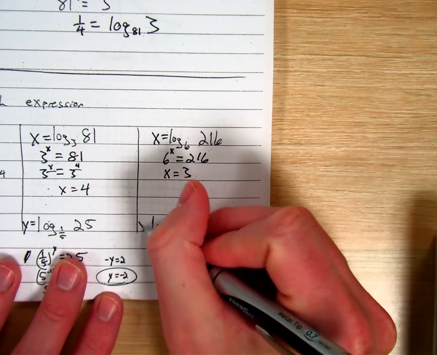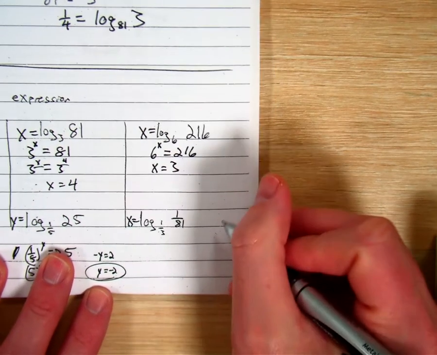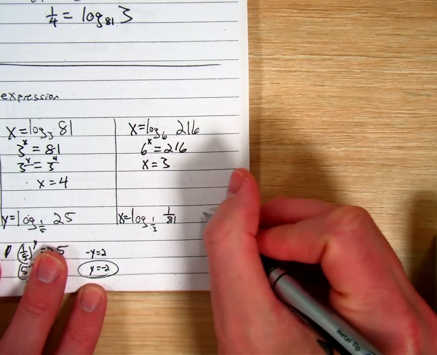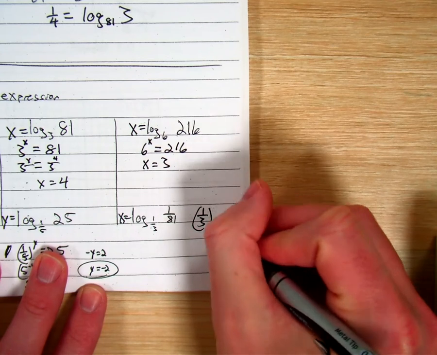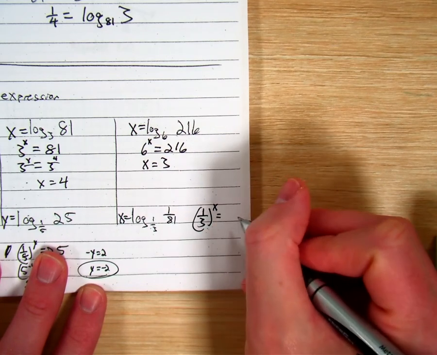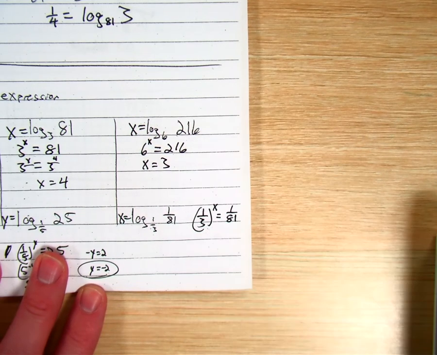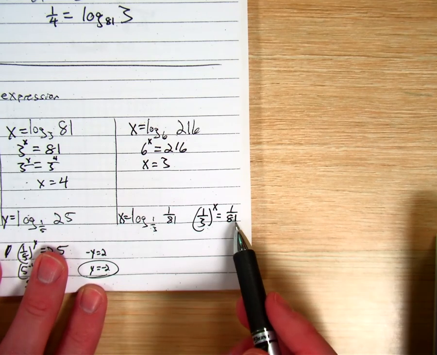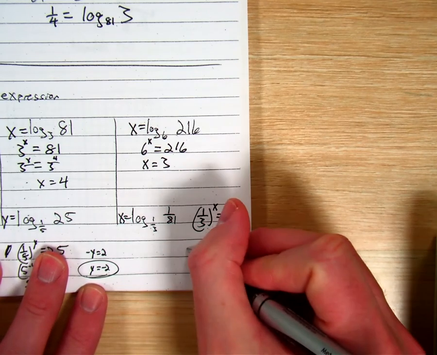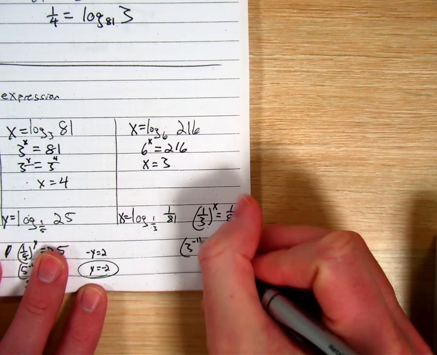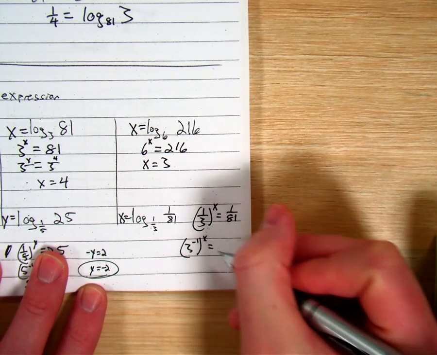Okay, tricky one over here. What is the power of 1/3? So 1/3 to the x equals 1/81. Okay, these are both upside down. We can make them both be 3's. So 3 to the negative 1.